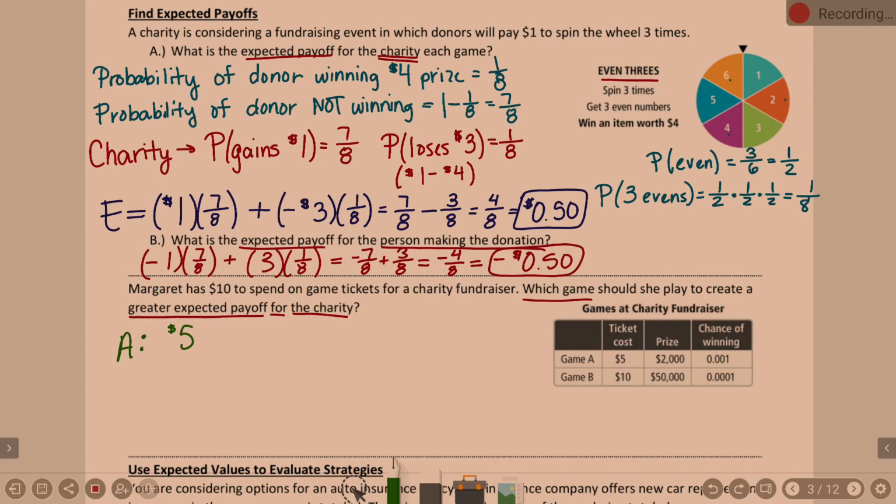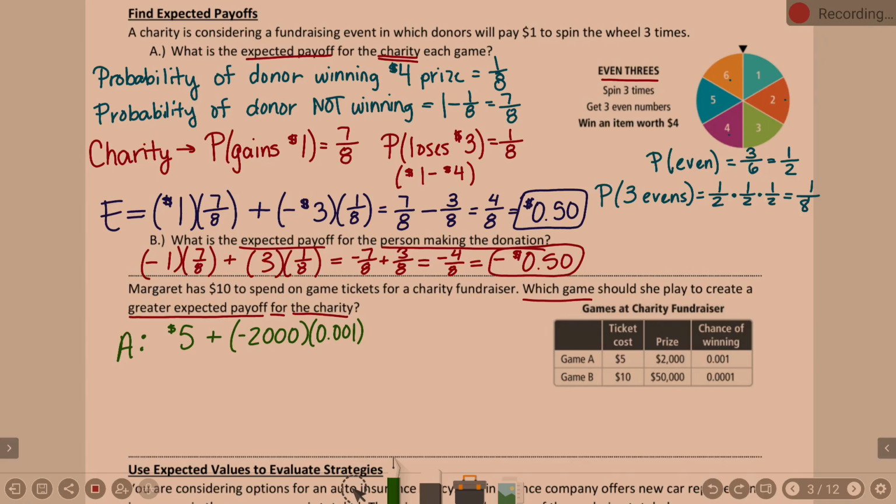The charity could lose $2,000, so that's a negative $2,000. What's the chance they're going to lose $2,000? That 0.001. So we're going to take negative $2,000 and multiply it by that 0.001.